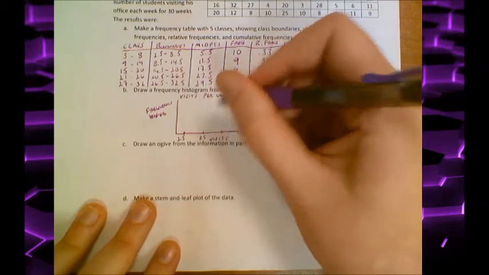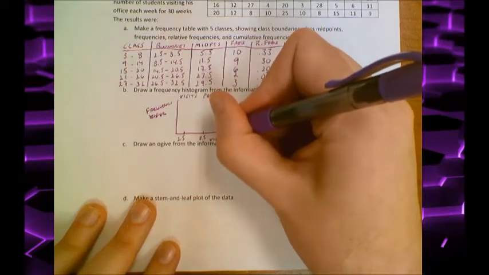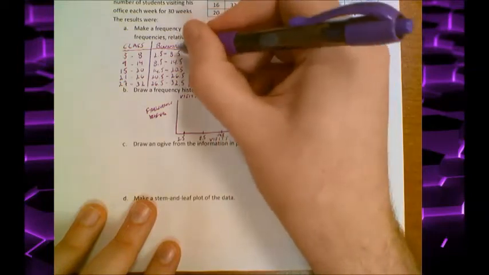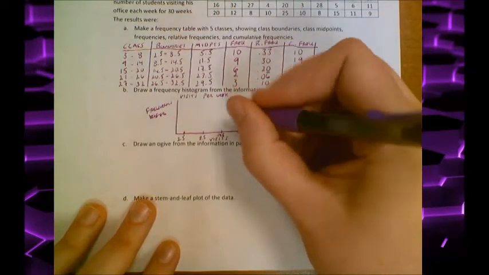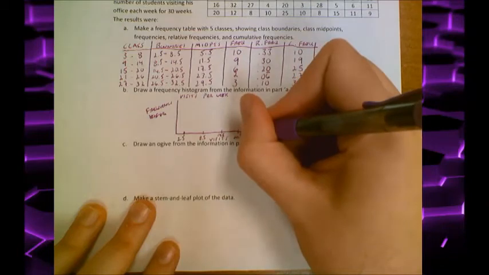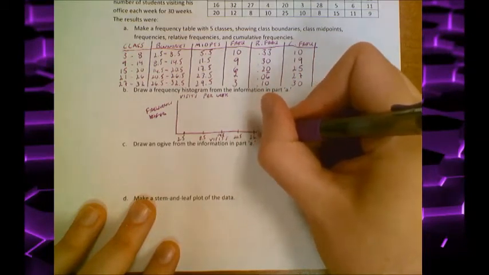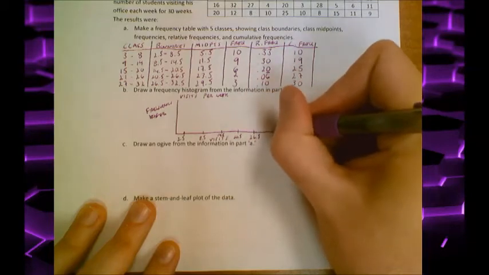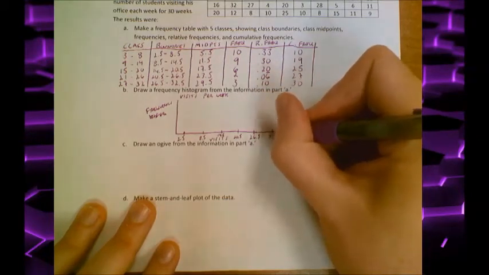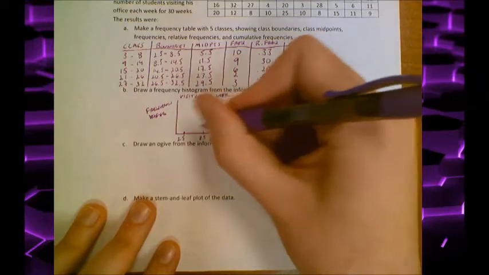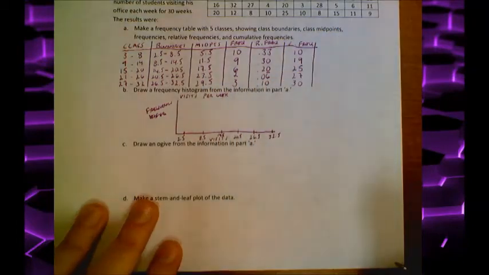So then I have 14.5. These are all just the breaks of the class boundaries that I have here. And then I have 20.5. And my next break is 26.5. My final break there at 32.5. That should give me the 1, 2, 3, 4, 5 different classes.